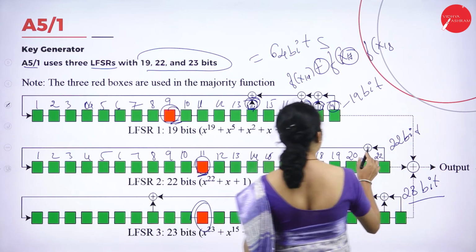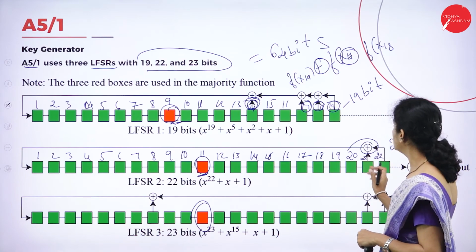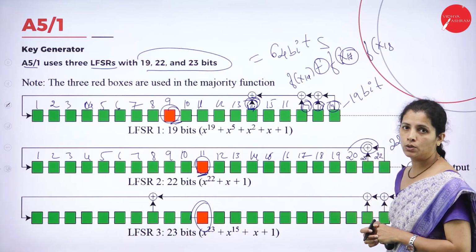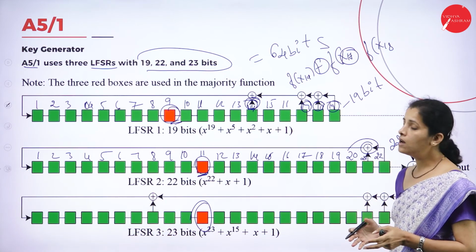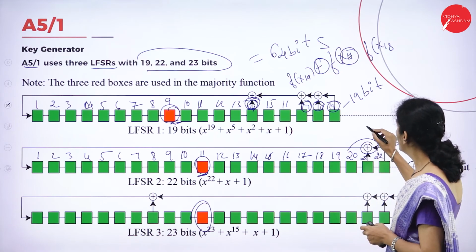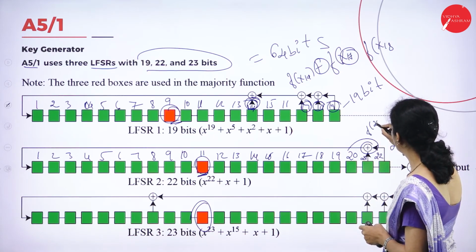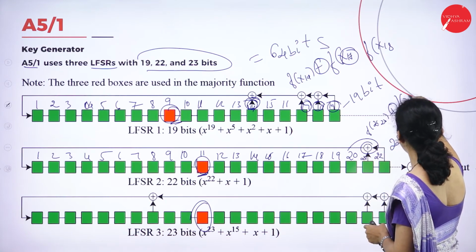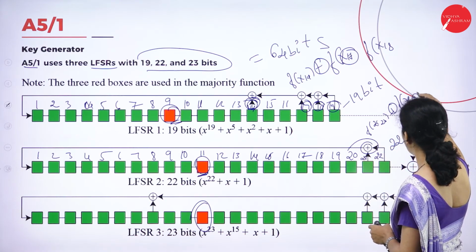And what are the XOR operations? That is f of x21 and f of x22 in terms of starting with 1. If I start with 0, then it is f of x20 XORed with f of x21.